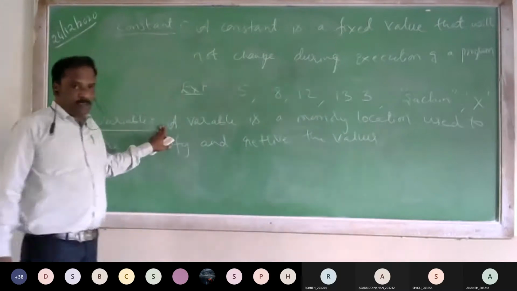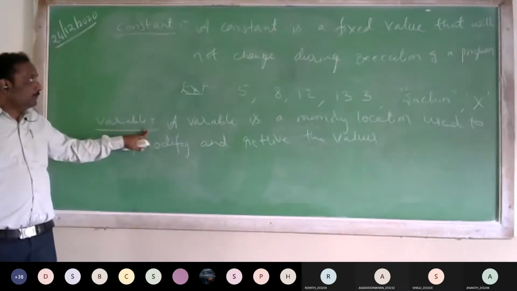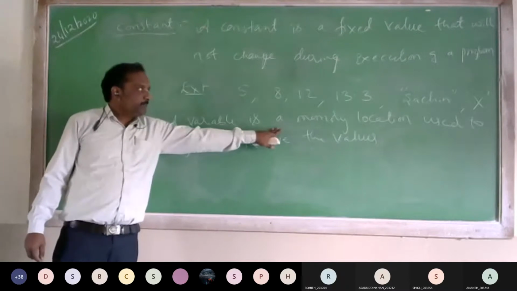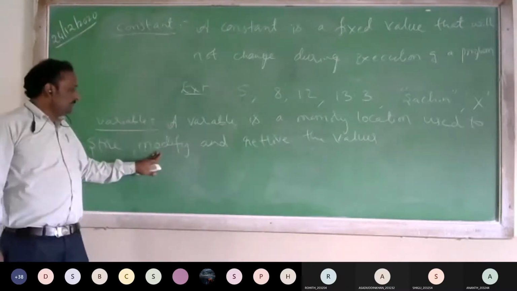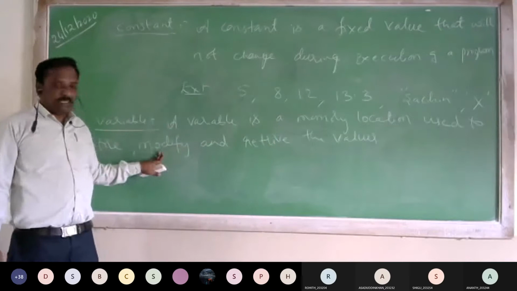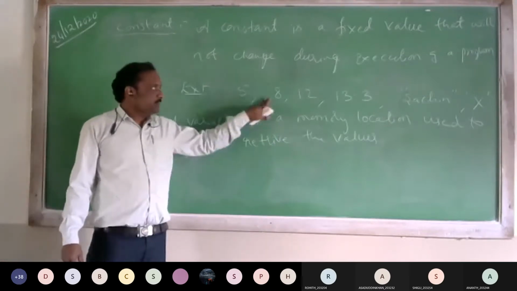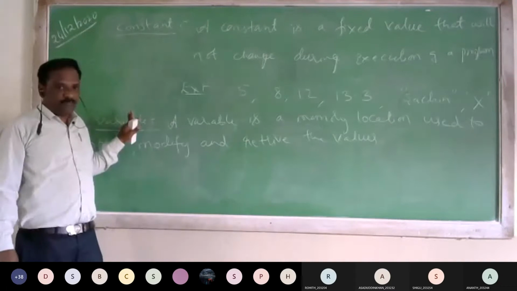So what is a variable? A variable is a memory location. It is a memory location used to store the value, or to change the value, or to access the value, and it is called a variable.